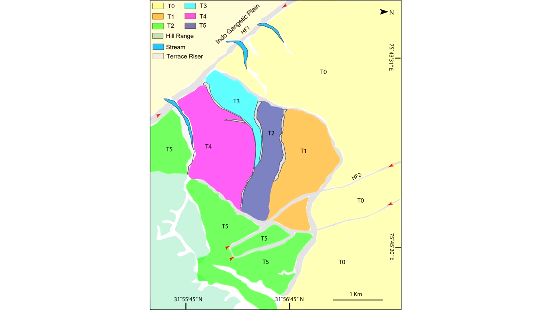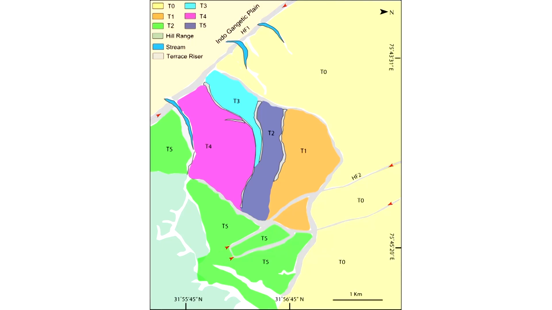Plus, the advantage is that you will be able to identify or fix the trenching site on the younger displaced landform, or across the younger displaced landform. So here T1, T2, T3 are the terraces. Let me quickly explain what terraces are.